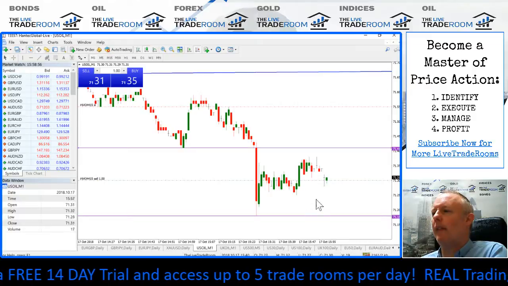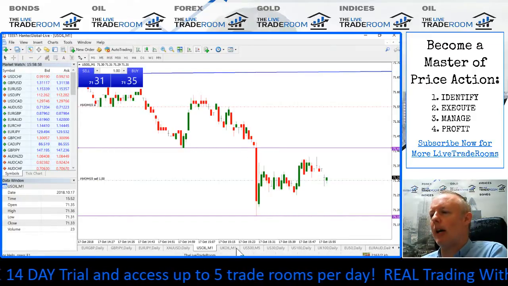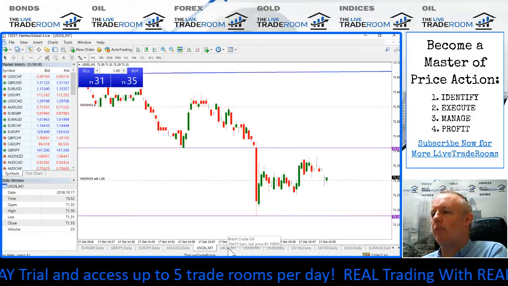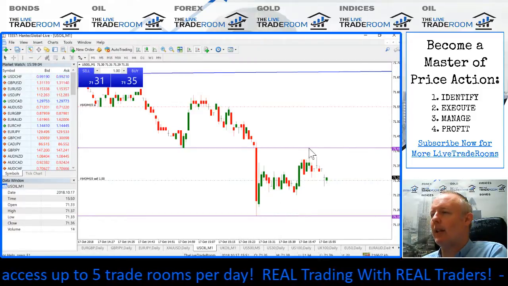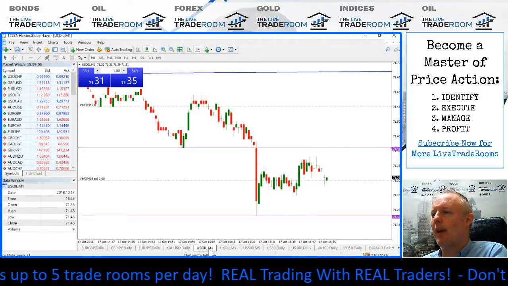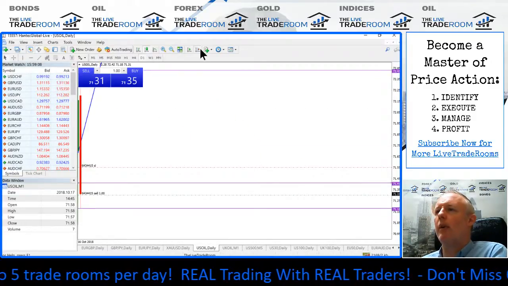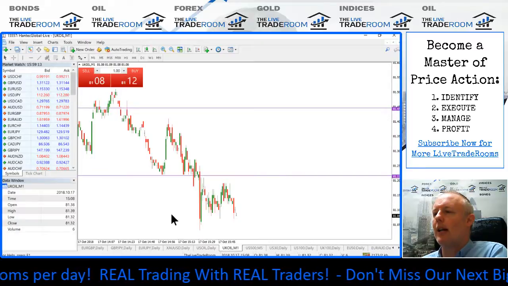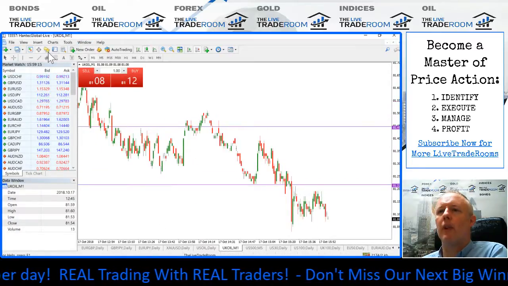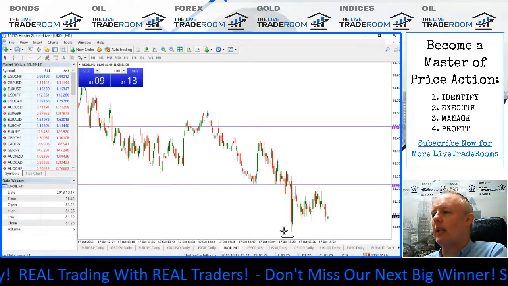The oil market, we do still expect this market to tick lower. What we might get before that is a little bit more volatility back to the 71.41, but we'll have to wait and see on that. So what we're looking for is some continuation further lower. Same situation, but we're kind of already squeezing to these lows down here.